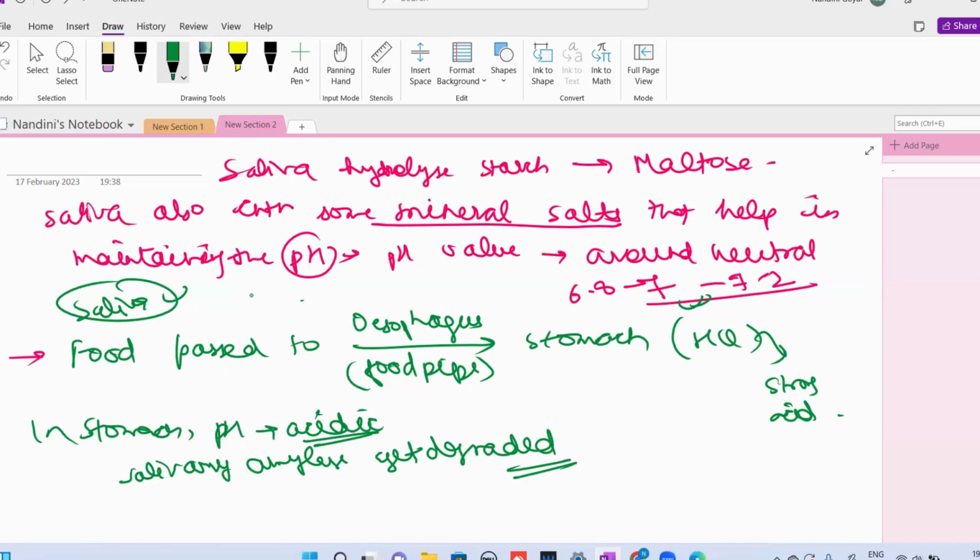But in the stomach now, the pH is acidic. That's why the salivary amylase gets degraded. That's why pH is very important. So salivary amylase gets degraded because of this acidic pH, and this acidic pH is governed by HCl. This acid denatures the amylase.